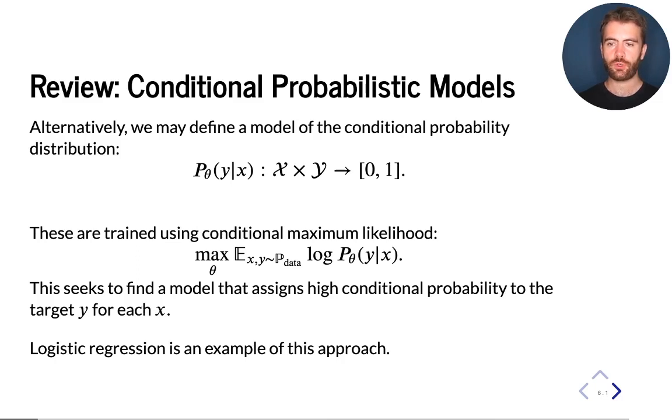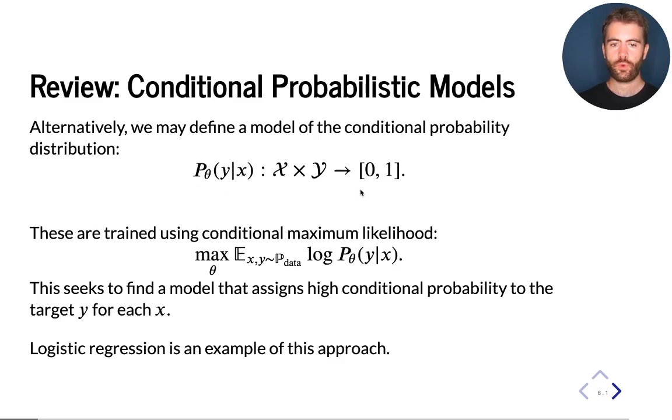And you should recall from the previous lecture that we saw one example of this approach, which was logistic regression. Logistic regression was one way of parameterizing a conditional model of this form, and the output of logistic regression was directly a probability between 0 and 1, the probability of seeing a particular target y given x.